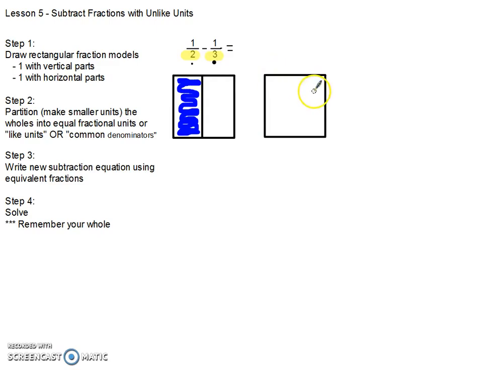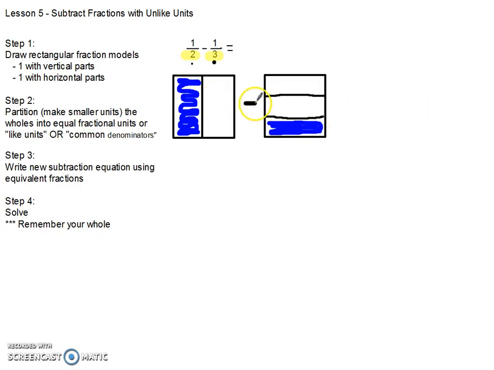This fraction model is showing 3 parts, and these parts I'm going to do horizontally. So I'm going to draw these 2 lines, which breaks my whole into 3 parts. And my numerator says that I have one of those parts, so I'm going to draw that in here. And so that's showing that I have 1/3.